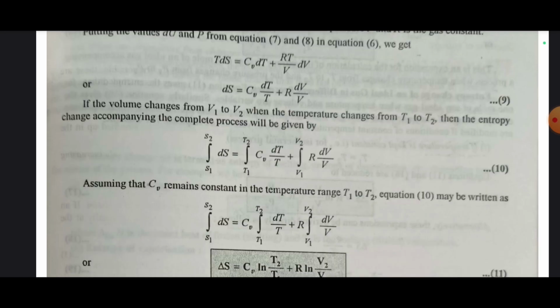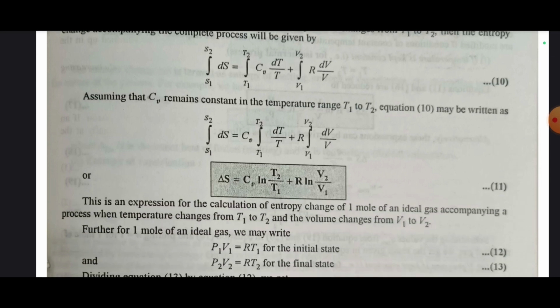If the volume changes from V1 to V2, when temperature changes from T1 to T2, then the entropy change accompanying the complete process will be given by integration of dS with limits from S1 to S2 is equal to integrating Cv dT by T from T1 to T2 plus integration R dV by V from V1 to V2.